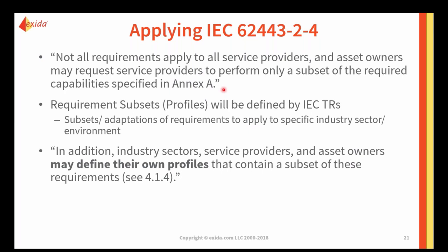Essentially what it's saying is you can define a specific profile, and these can either be defined by IEC technical reports, or the standard goes on to say that individual sectors, service providers, and asset owners can actually define their own profiles.